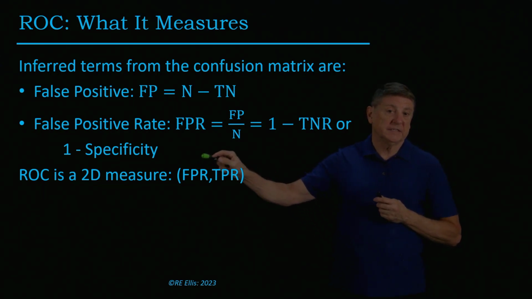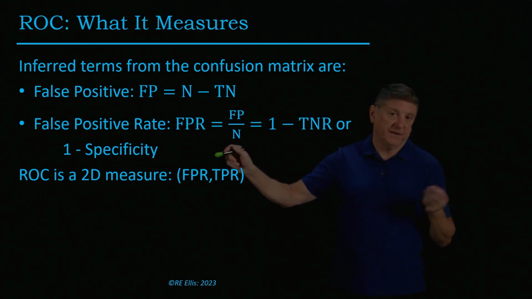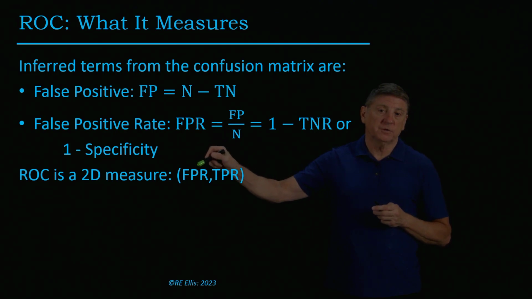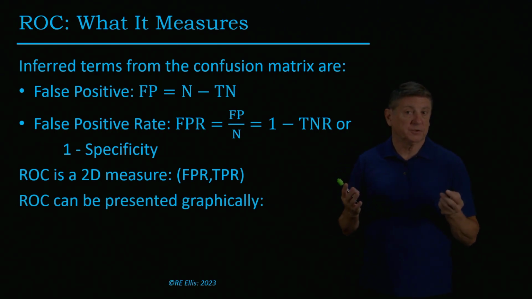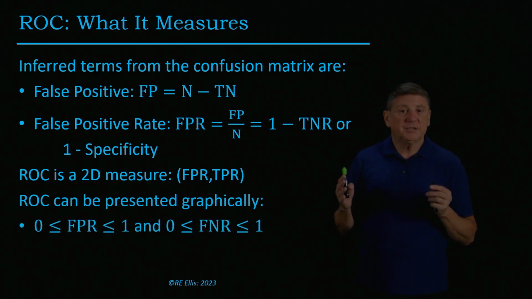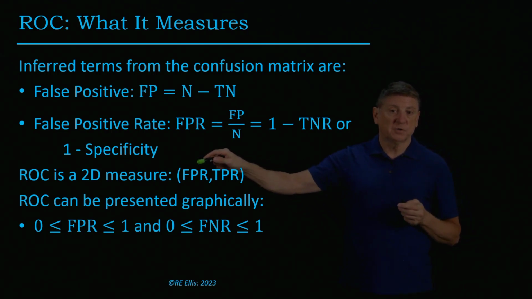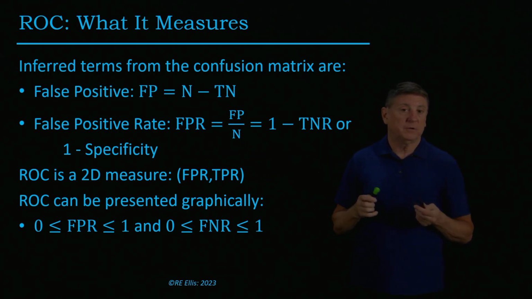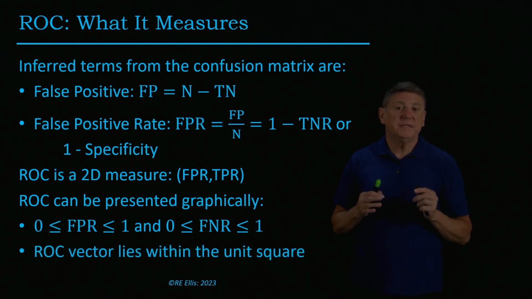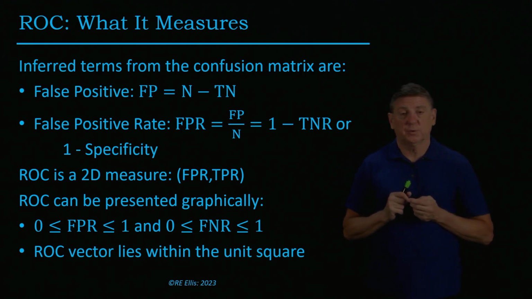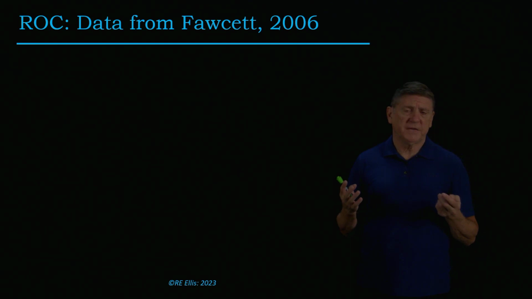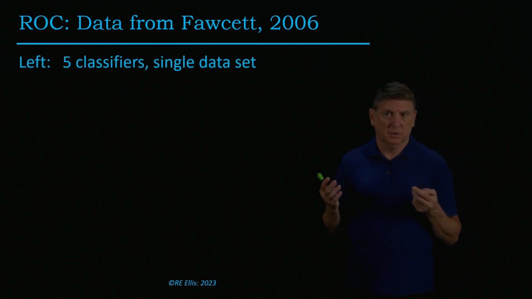So we can think of this as a 2D data point or vector, where the first entry is the false positive rate and the second is the true positive rate. This can be presented graphically because it's only in 2D. Each of these values is bounded at the bottom by 0 and at the upper end by 1, which means the ROC vector has to lie within a unit square.